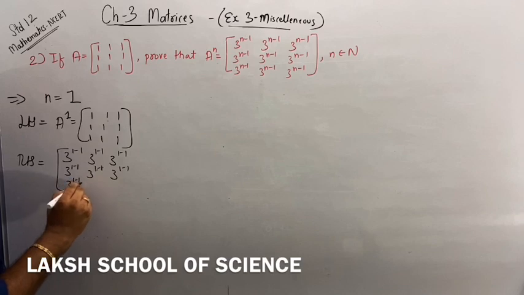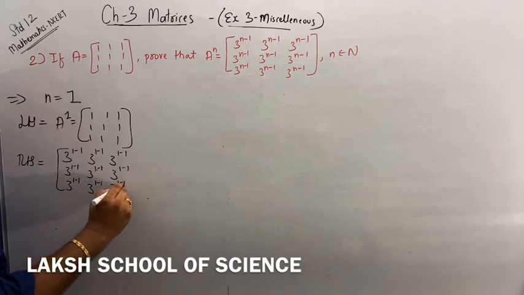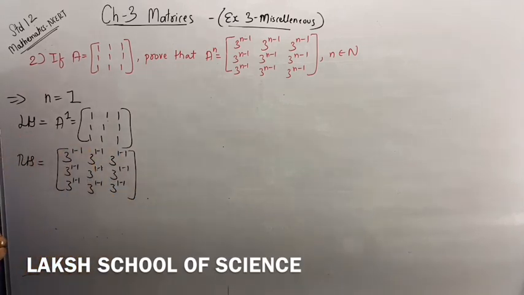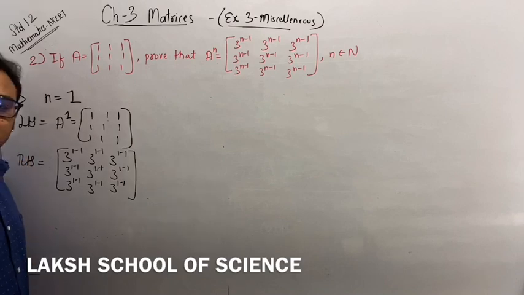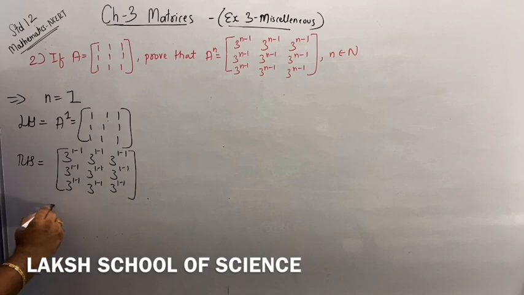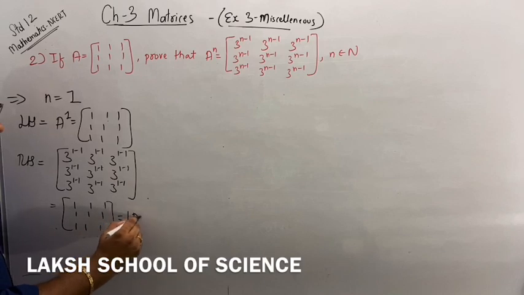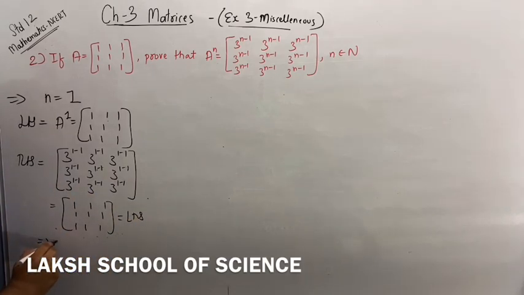At every place, 3 raised to 1 minus 1. Now 1 minus 1 is 0. Any number whose power is 0 will be equal to 1. So this is also 1, 1, 1. And this is equal to LHS. So this implies P of 1 is true. Okay. Let me mark it down. P of 1 is true.